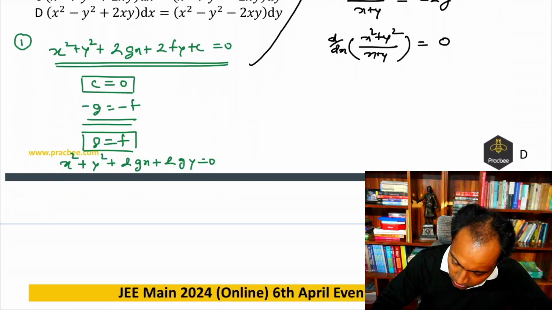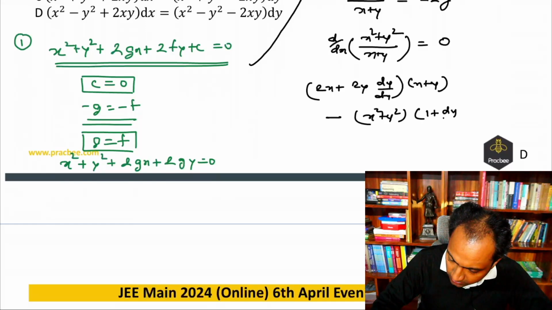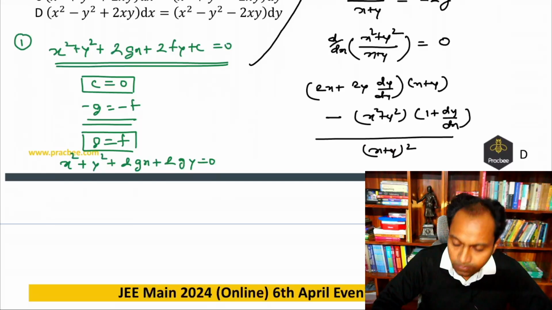So differentiation of numerator will become 2x plus 2y dy by dx into x plus y minus x square plus y square, and derivative of denominator, that will be 1 plus dy by dx. And the denominator will be squared, so x plus y whole square.